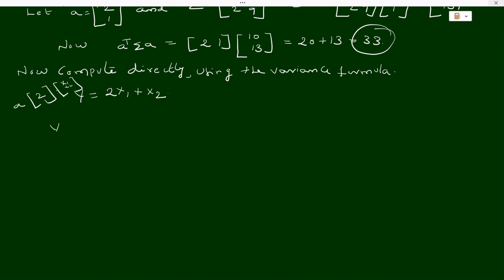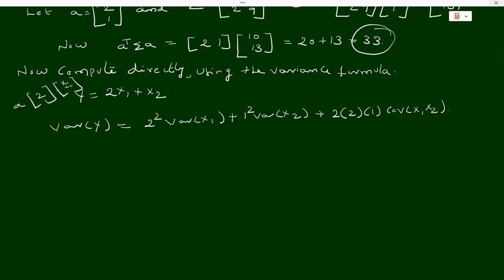The variance of y will be 2 square variance of x1 plus 1 square variance of x2 plus 2 into 2 into 1 covariance of x1, x2.